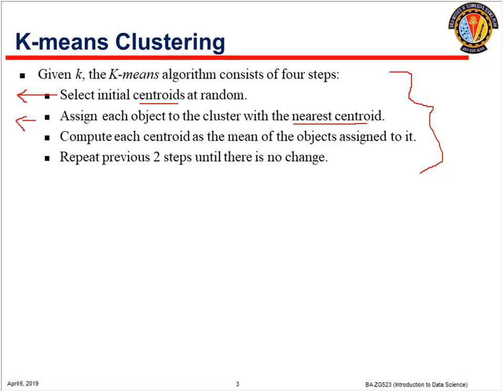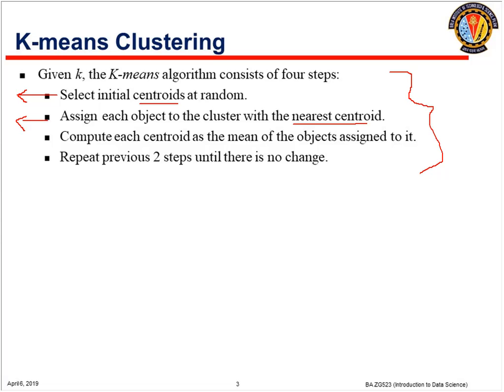Once you have assigned every example to one of the centroids, you have got initial k clusters. Each of the k clusters now has the centroid that you selected and the remaining points which have been assigned to it.